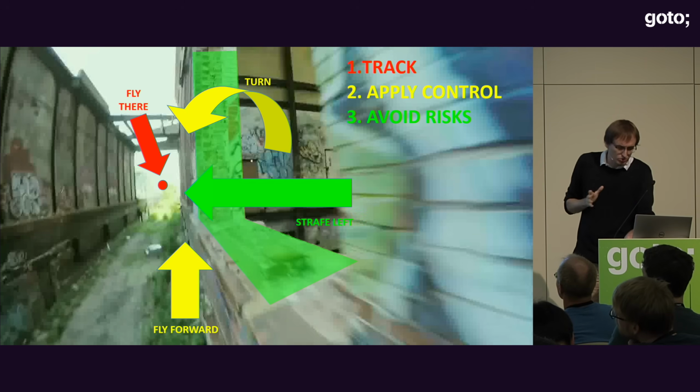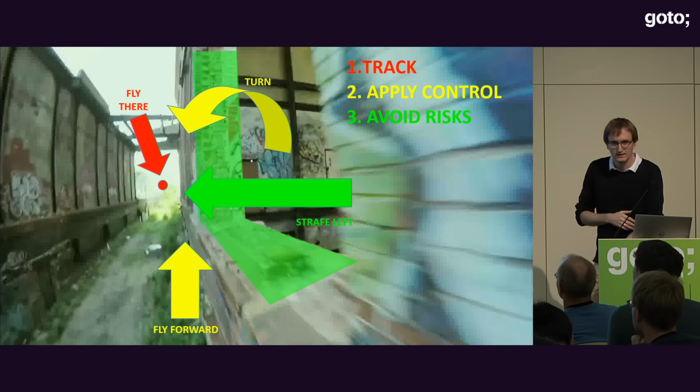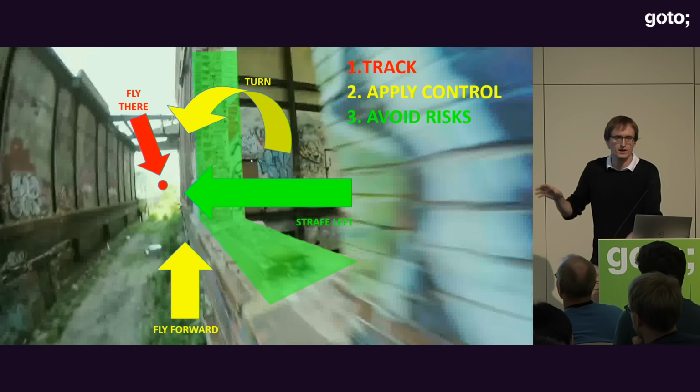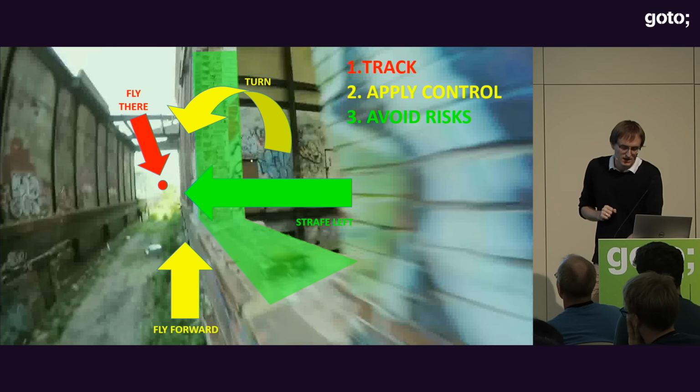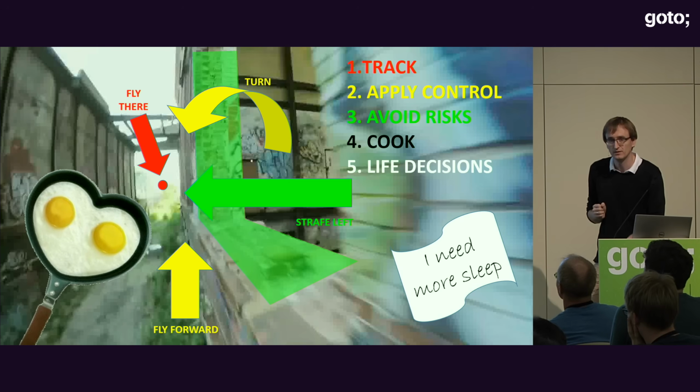This is already amazing, but what is even more amazing is the fact that with exactly the same brain, exactly at the same time, we humans are able to plan our next meal and perform deep considerations about life.